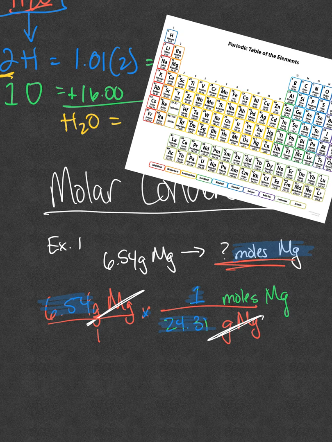And you will find that the moles of magnesium in the 6.54 gram sample is 0.269. And we always want to write our units. So there are 0.269 moles of magnesium, and if you take that many moles of magnesium, it's going to have the mass of 6.54 grams.